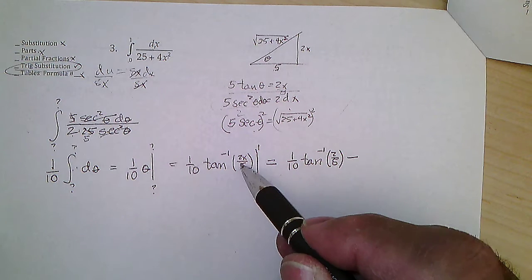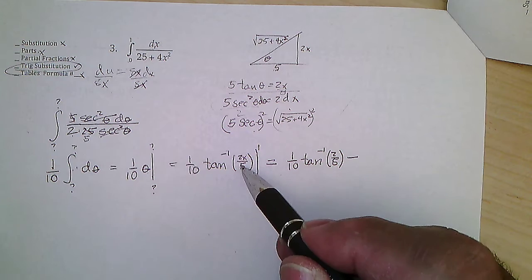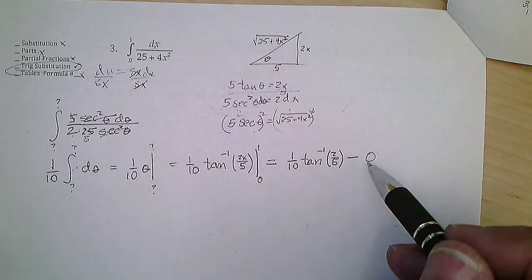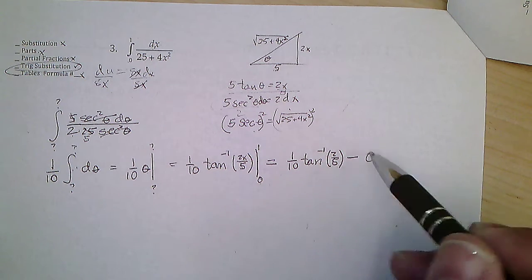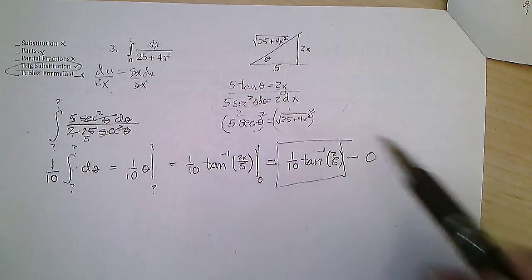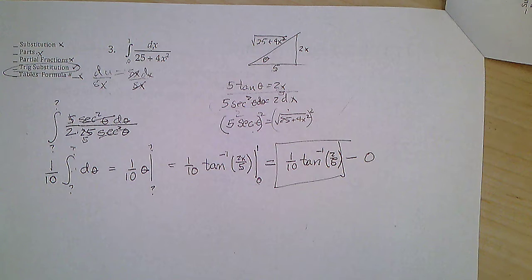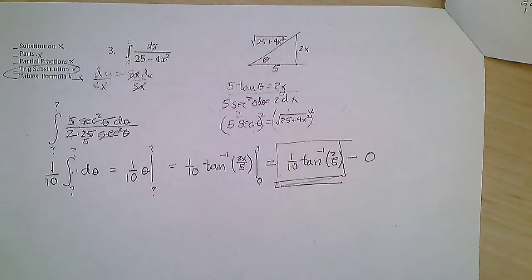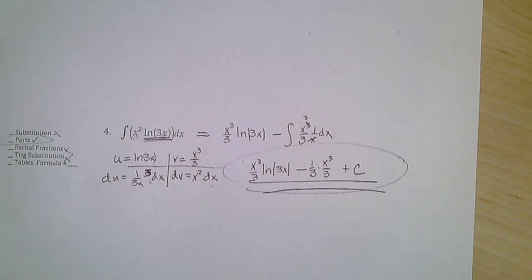And the tangent of what angle is 0? It's 0 degrees, 0 radians, and so that times the 10th is 0. So my answer is simply this. You can put that into a calculator and you get 0.03 or something like that, but this is good enough. So this page is done.